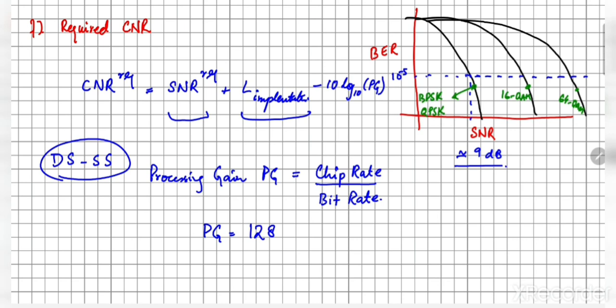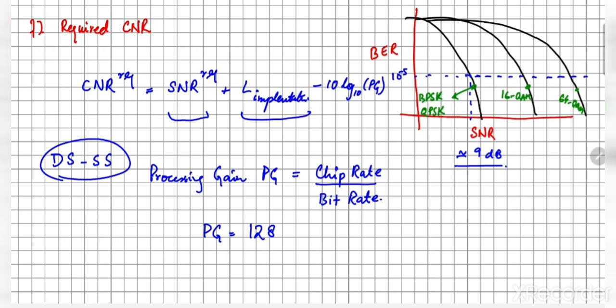So if you require, for instance, an SNR of 9 dB plus an implementation loss of 1 dB, that is 10 dB of SNR, and if there is a processing gain by a factor of 100, we can easily have a carrier to noise ratio of minus 10, and after benefiting from the de-spreading, that will correspond to a required SNR of plus 10 dB.